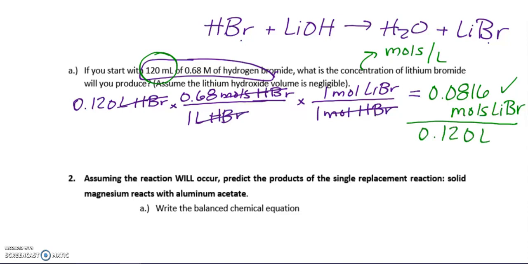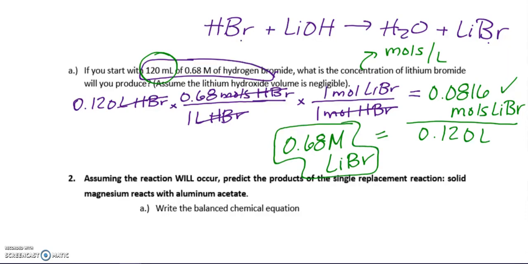And that will tell you the concentration of your product. So 0.68. Look at that. That number keeps showing up all over the place. So you can either write 0.68 moles per liter or 0.68 molar, the capital M.